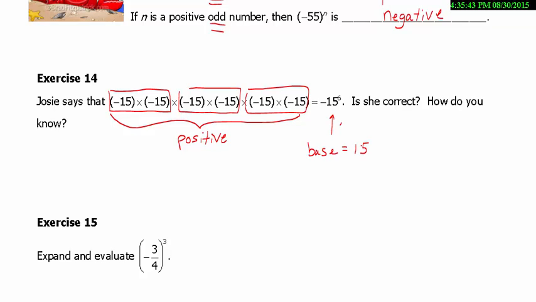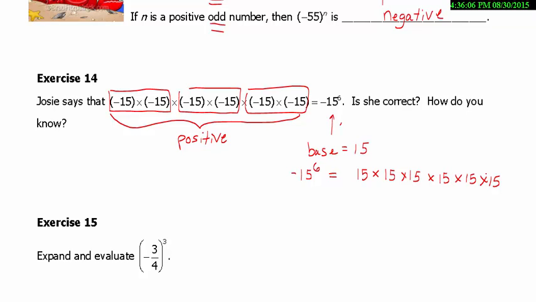We talked about this before. What this means is that 15 is multiplied by itself 6 times. So this is really negative 15 to the 6th is equal to, we should have 6 of these, 15 times 15 times 15 times 15 times 15 times 15.